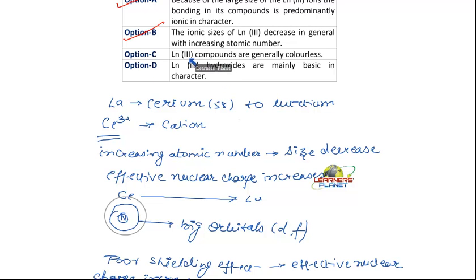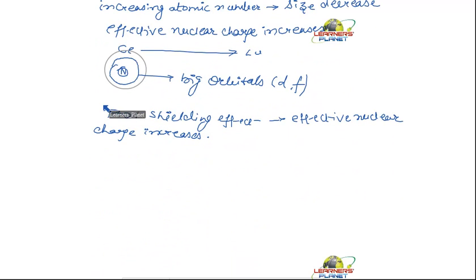Now we have got the next option, that is lanthanide compounds are generally colorless. Will they be colorless, students? Where is your last electron coming? Our final electron is coming in the f orbital. Will all the lanthanides have 14 electrons?